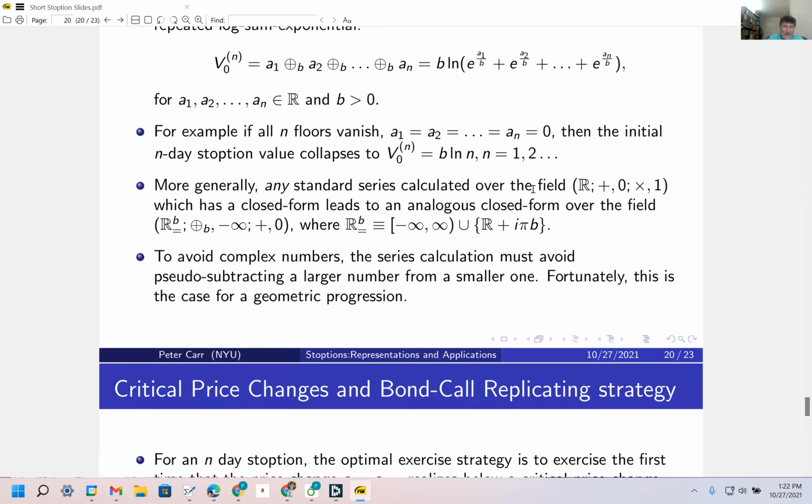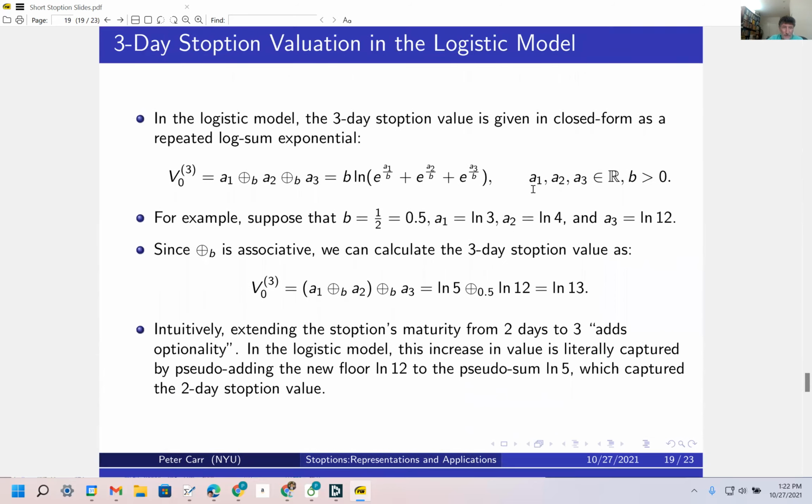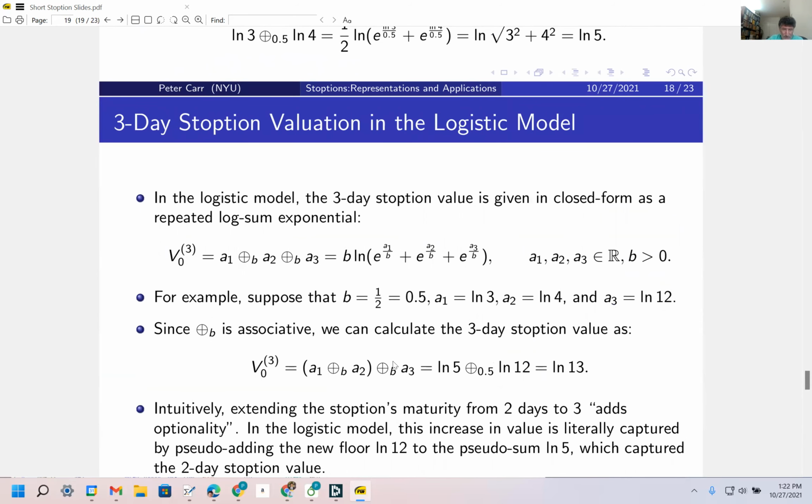Let me just show you in the case of the 3-day stoption. The 3-day stoption value is this, that's the target, but you can think of it as a 2-day stoption, which has a strike of what's highlighted. And it turns out a 2-day stoption is very closely related to a 1-day call. So it's that fact that's allowing the replication.